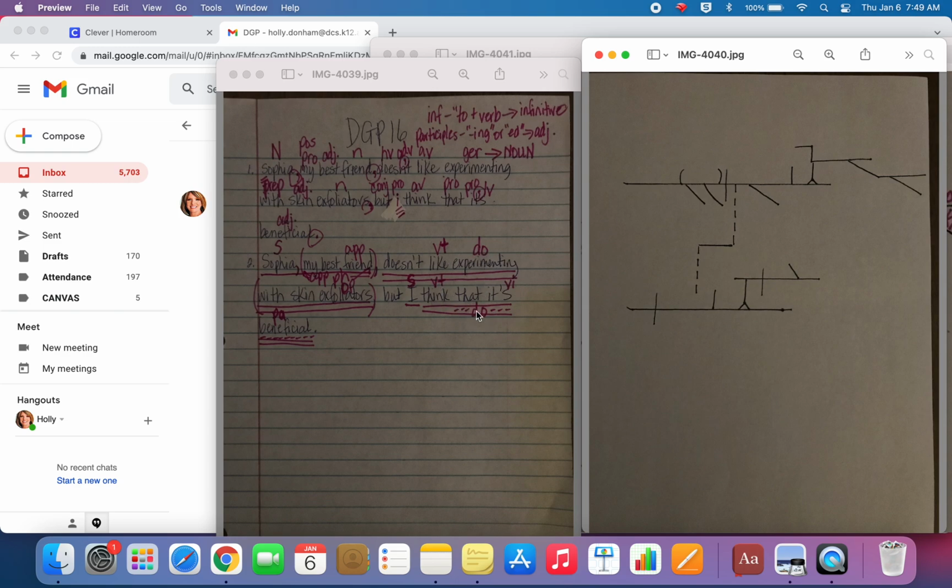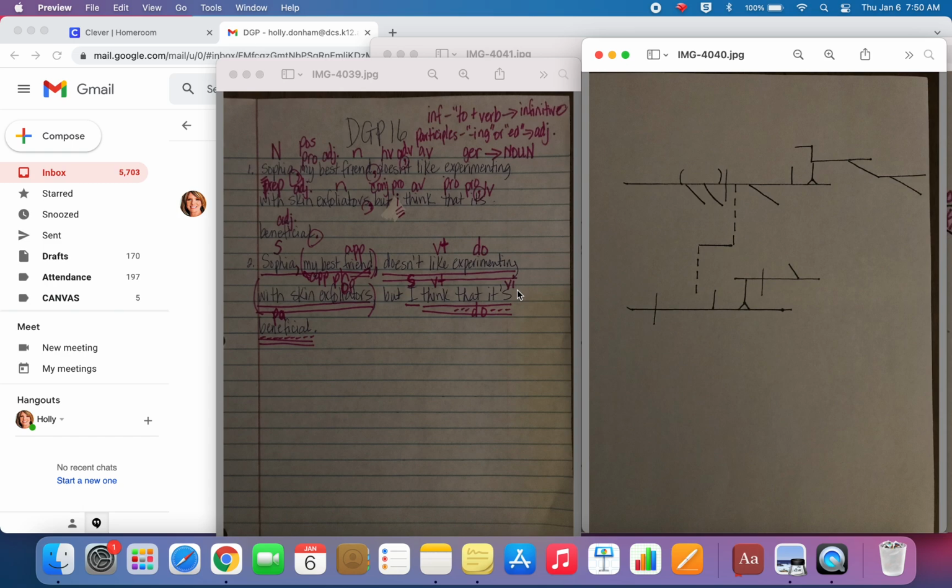Now notice the verb is over here is intransitive because is does not have a direct object. It has a predicate adjective, which is beneficial. The adjective in the predicate, remember? So you're going to want to put a PA over beneficial and a VI over is.